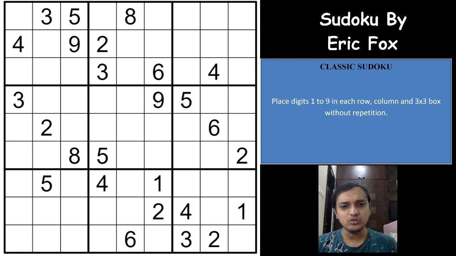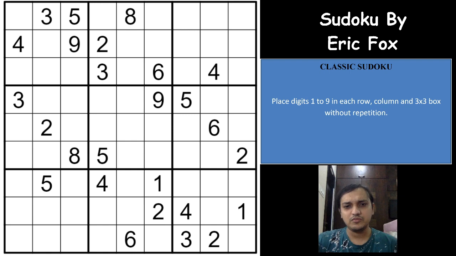Skyscraper logic is a very important logic in hard Sudokus. It is one of the powerful techniques that will help you eliminate a few candidates easily. I got this Sudoku from Eric Fox, and it has a great skyscraper logic used in the solve. I'll give the link for the online interface of the Sudoku that we'll be solving today in this video.